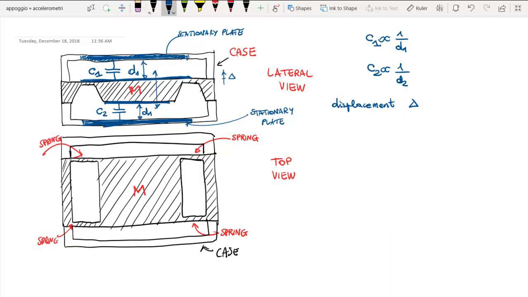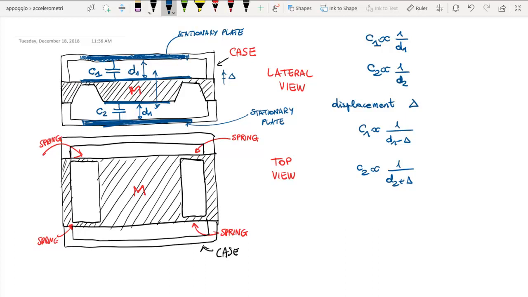The average position, the average displacement, let us call it delta, of course is reducing D1 and increasing D2. So we have that C1 is proportional to 1 over D1 minus delta, and C2 is proportional to 1 over D2 plus delta, because by the same quantity, D1 is reduced and D2 is increased.